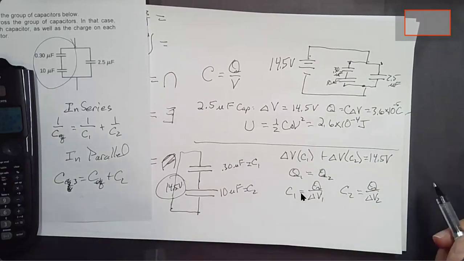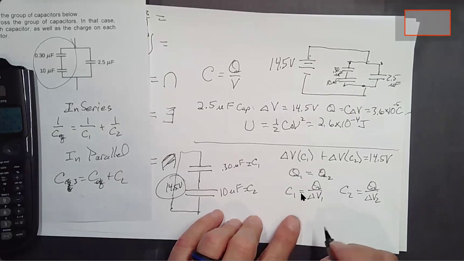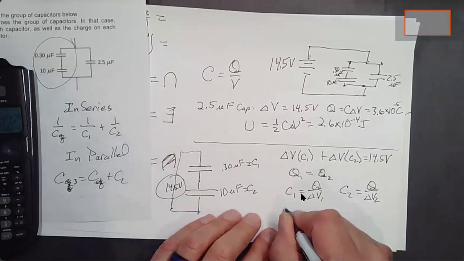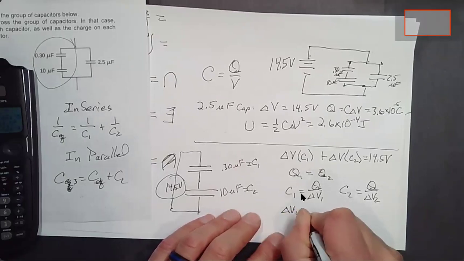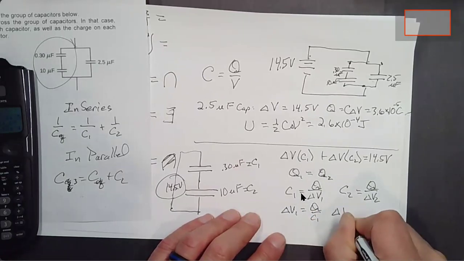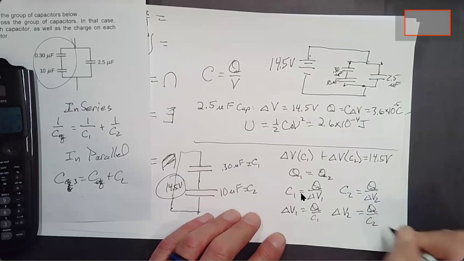So delta V1 will equal Q over C1, and delta V2 will equal Q over C2.